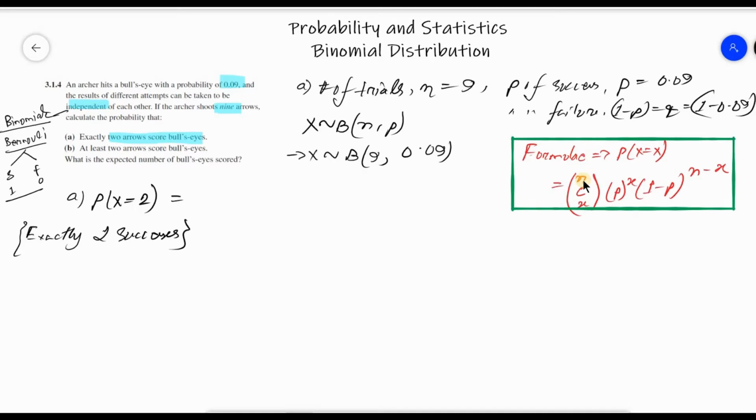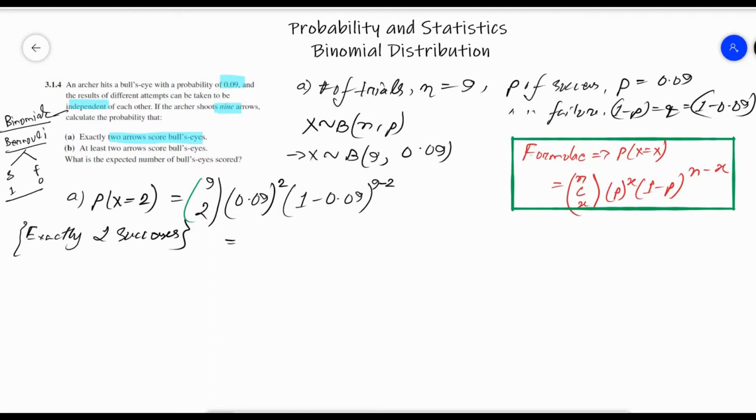Now let's determine the probability of exactly two successes. So here our n is 9 and success is 2, so 9C2, and probability of success is 0.09 to the power x, which is 2, and then probability of failure 1 minus 0.09 to the power n minus x, which is 9 minus 2.